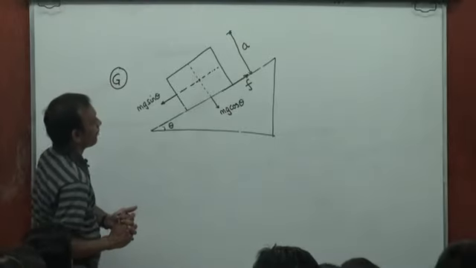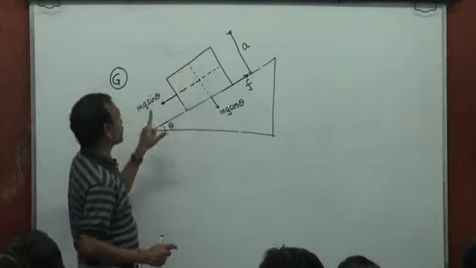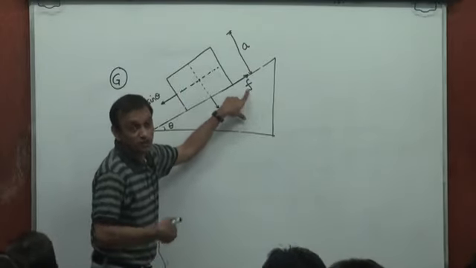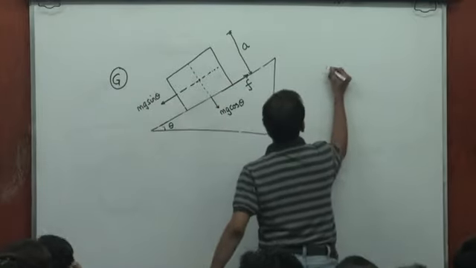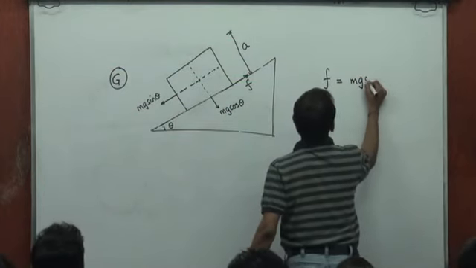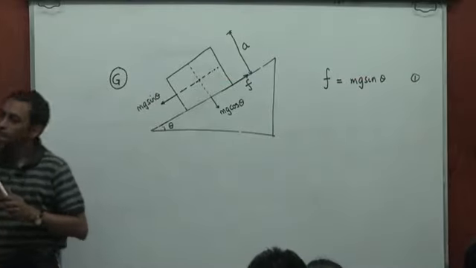Very clearly, along a direction parallel to the plane, there are only two forces acting, mg sin theta and f, and they must balance each other for maintaining constant velocity, right? So first things first, f must be mg sin theta.